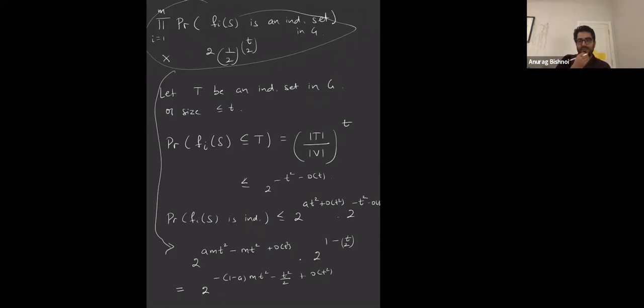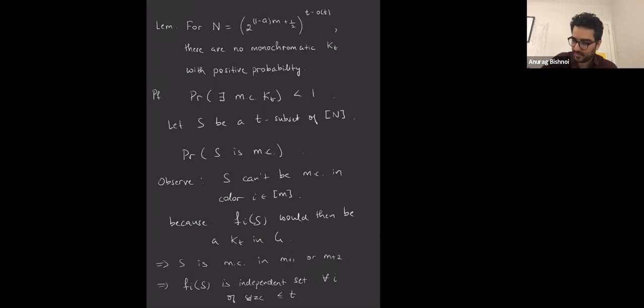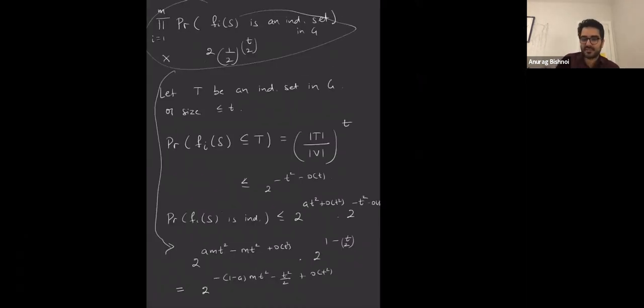Okay, so that's the probability that one of the independent sets, so that's an estimate of the probability that this S is monochromatic. And now you can just take the union bound. So what's the probability that there exists a monochromatic KT?